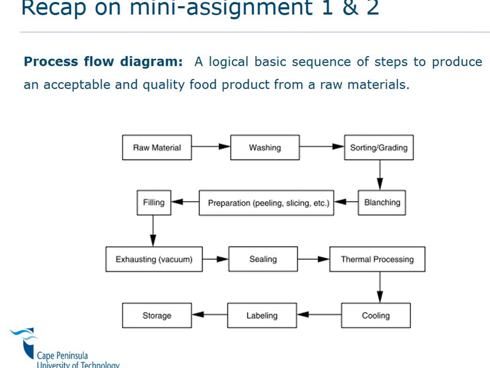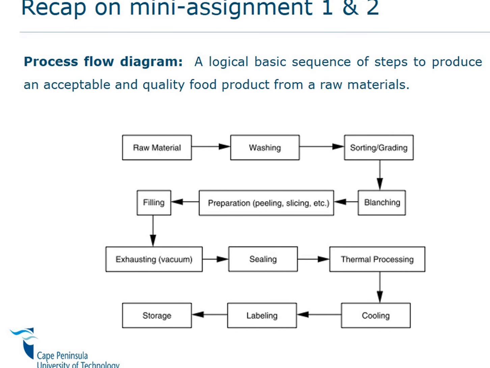Number two, it does not tell us how much of that raw material is used. In other words, no quantity is specified. We don't know whether they are using only one orange, or 10 oranges, or 10 bags of oranges.